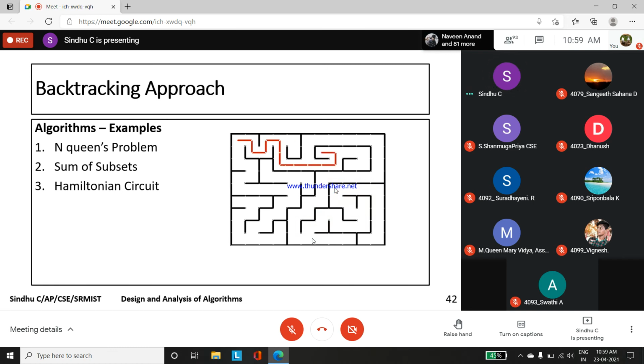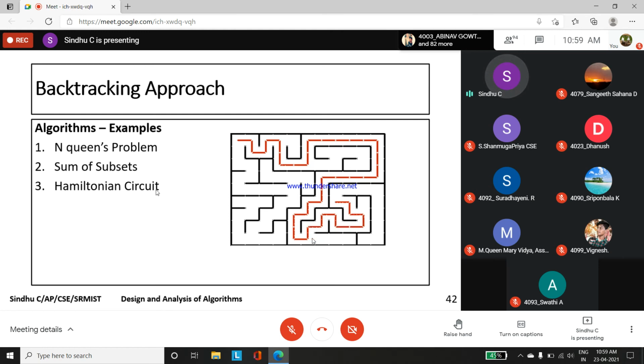With this approach, you have 3 significant problems: n-Queens problem, sum of subsets, and then you have Hamiltonian circuit, also called Hamiltonian cycle. This usually uses a brute force approach to try all possibilities, and it finally finds the desired solution.